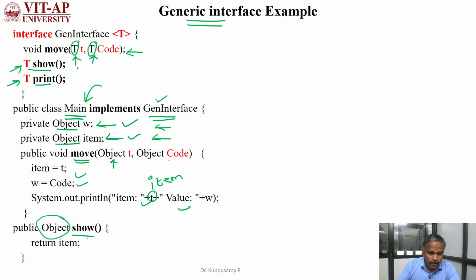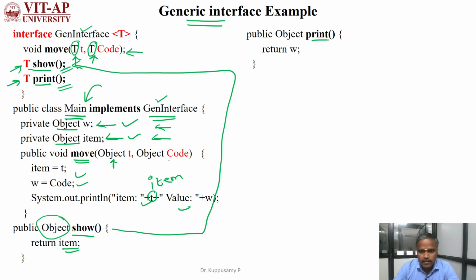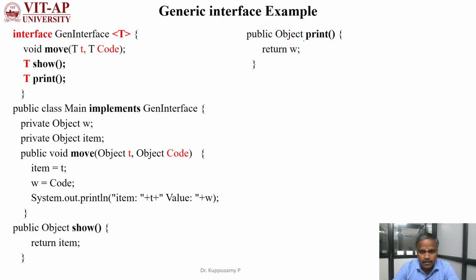When you are calling this, control is passing over this method, because this is the method which is equivalent to the abstract method defined in the generic interface. That should be implemented here, which is just returning the item. Like that, the print method is also implemented in the class main. Then here also you see it is just returning the w that we have in this statement.